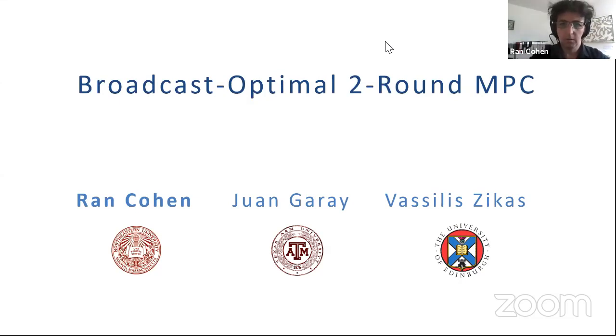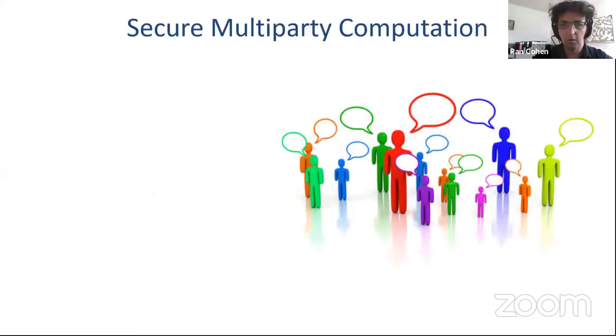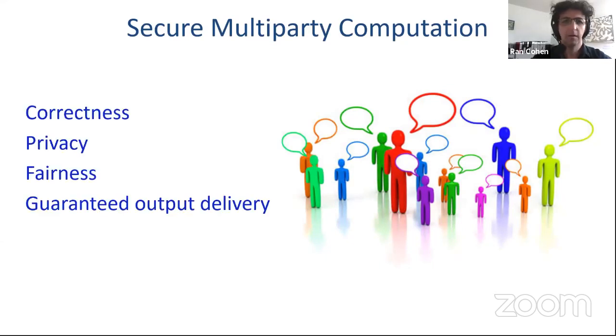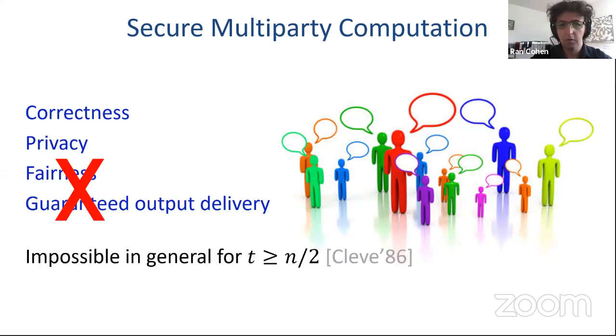And we're going to look at secure computation, a general secure computation protocol where a set of parties want to compute a function on their inputs. They want the protocol to achieve certain properties like correctness and privacy. But we know that unless we assume an honest majority, we cannot get properties like fairness and guaranteed output delivery. In this talk, we'll focus on corruption of all but one of the parties.